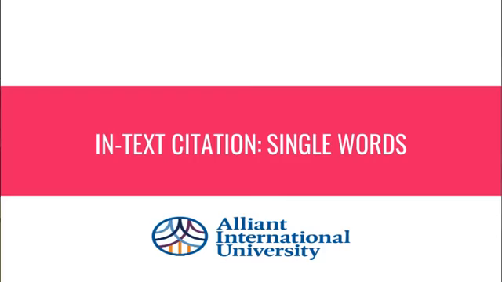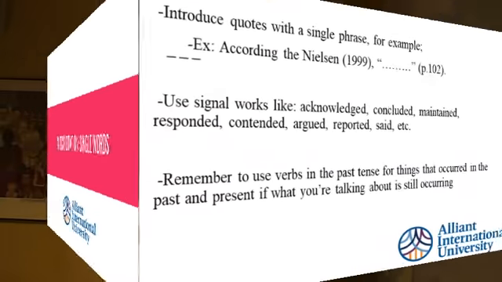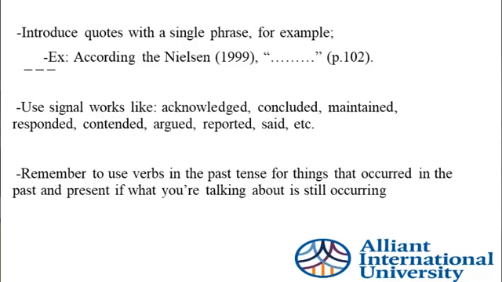So if you want to introduce quotes with a single phrase, for example, you will put according to Nielsen, year, comma, and then you'll include that direct quote. These are just some transition phrases to use to indicate that you're going to include a direct quote. You can use words like acknowledged, concluded, maintained, responded, contended, argued, reported, those types of phrases as well to indicate that this is not your own knowledge, that this is gathered from another resource.